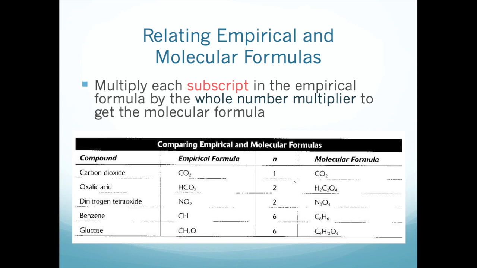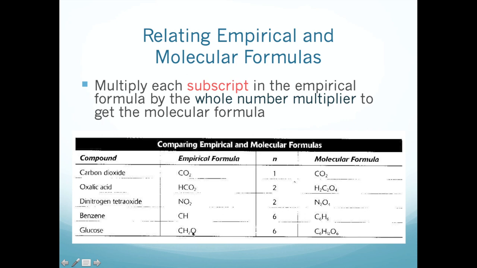Well, that would be 6. 6 goes into 6 once, 6 goes into 12 twice, and 6 goes into 6 once. So if we divide each by 6, we have 1 carbon, 2 hydrogens, and 1 oxygen. So our empirical formula is just CH2O. Here our scaling up factor is 6, because the mass of glucose is 6 times heavier than the mass of this empirical formula of CH2O.